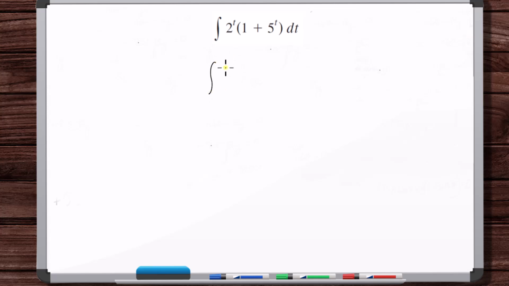Okay, let's distribute this 2 to the t. All right, let's separate this into 2 separate integrals.